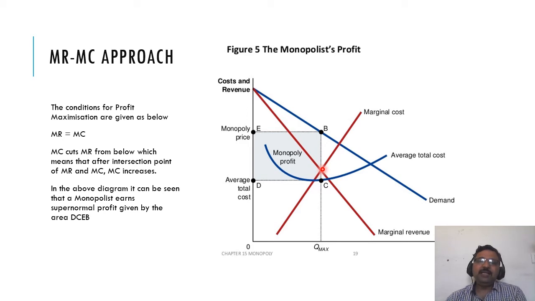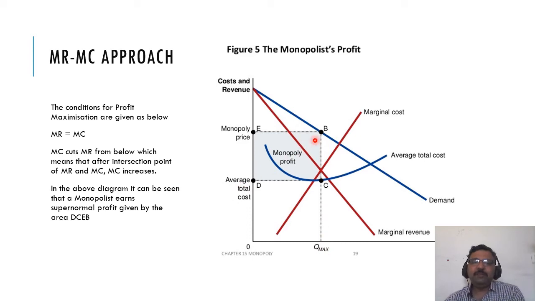The marginal cost is given by this curve. Average cost is given by QC, whereas the average revenue is given by BQ.